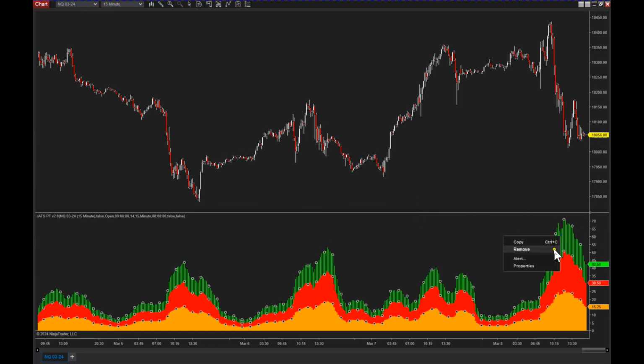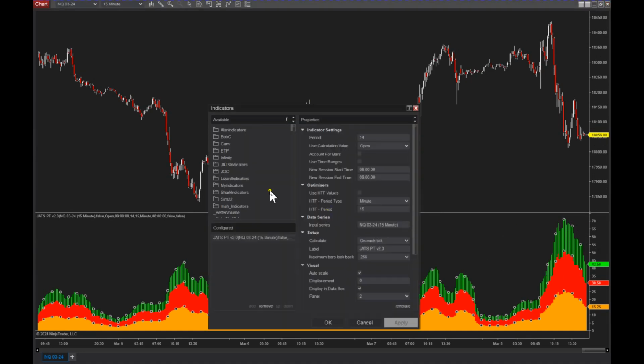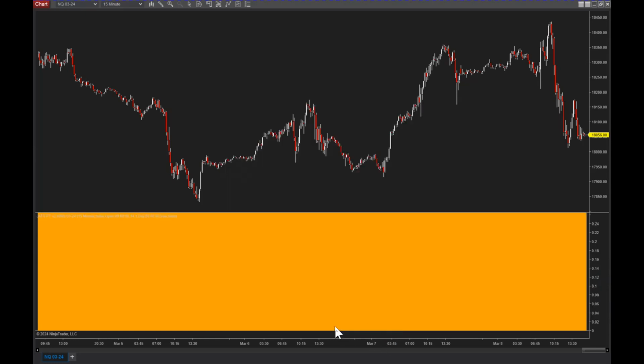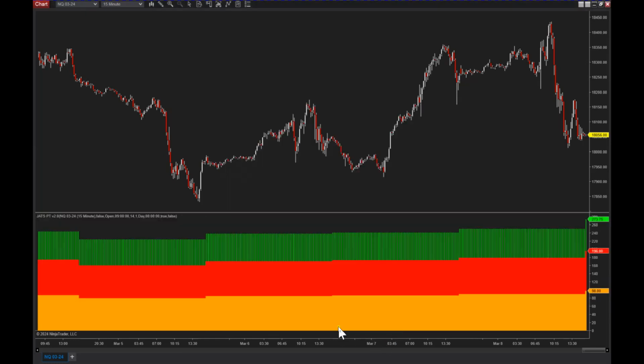Another way to get the measurements for the PT2 is by a time series. So this is by minute. So you can change either, like I said, to a higher time frame. So you could measure to say what are the daily one ranges right here.